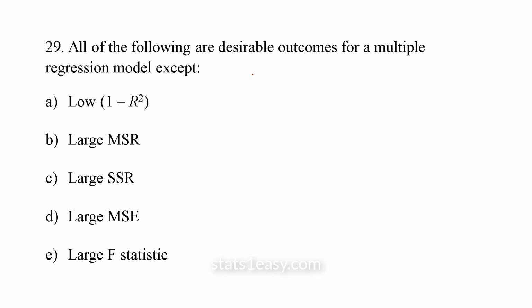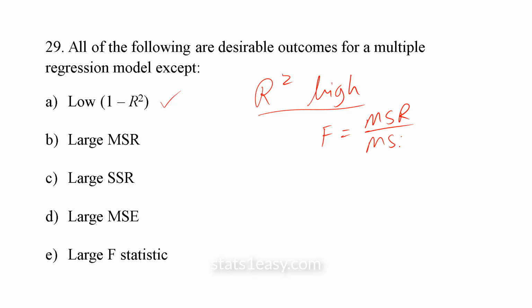All of the following are desirable outcomes for a multiple regression model except, so low 1 minus R squared. Now we want R squared to be high or large. That's a desirable outcome for a multiple regression model. So if 1 minus R squared is low, that is good for the model. Large MSR. Now we want F to be large, so a large F statistic will make us reject the null hypothesis, and we will say the model is valid or useful.